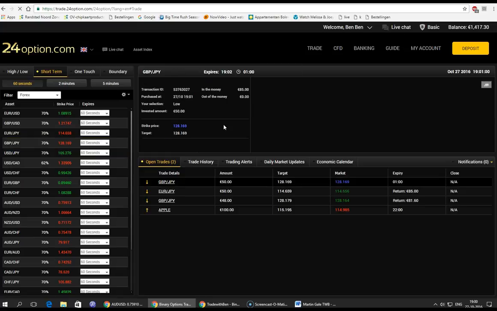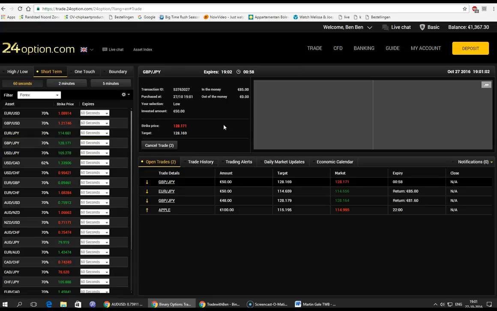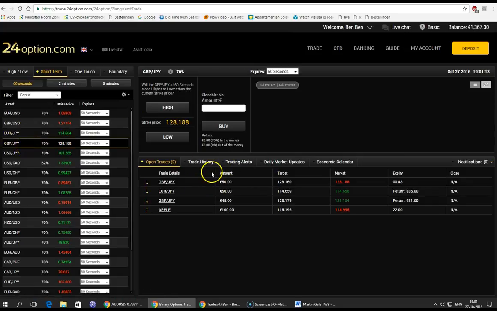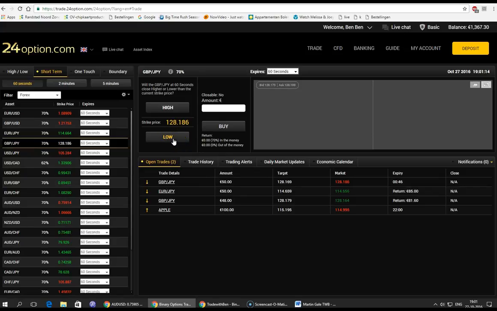Okay, take it. Oh my god, too late. We took it too late, guys. GBP JPY. With this strategy I have, you have to take it right in time, and it's going up so hard. As you can see, it's going up very hard.